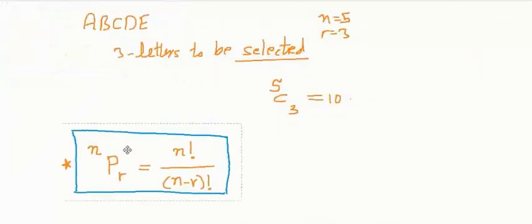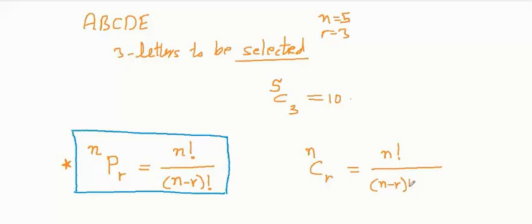Physically, you have found that NCR is only selection, and for NPR, after selecting, you have to arrange them. Now the formula for NCR is n factorial over n minus r factorial, and till here both are similar.